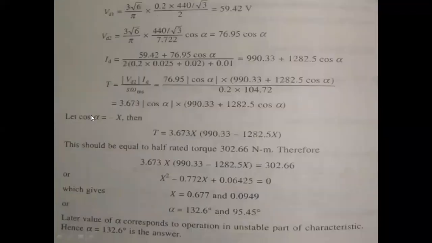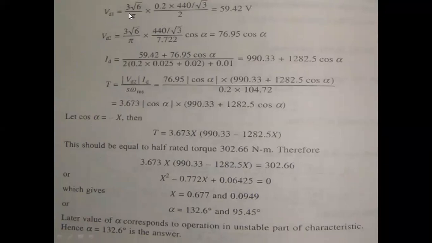Okay, so see here how we find out alpha: you are having cos alpha in ID or torque equations. See here, in VD2 you have cos alpha. So from this VD2 I can find out the cos alpha.